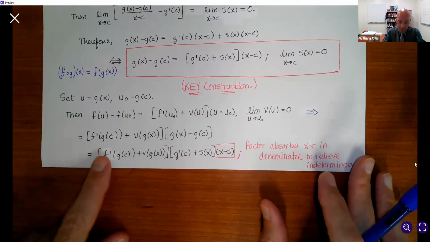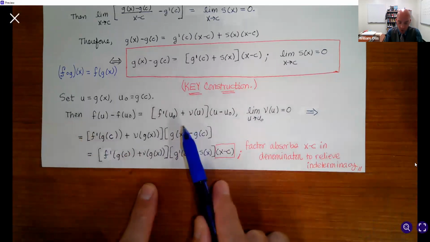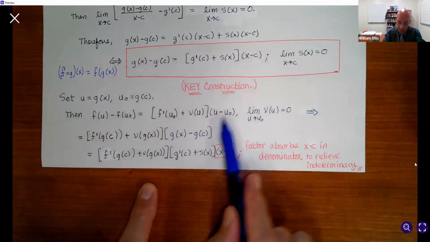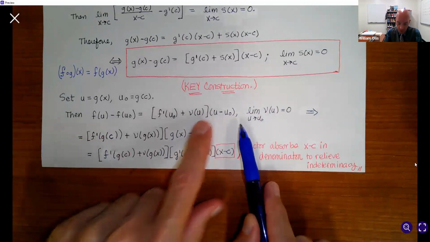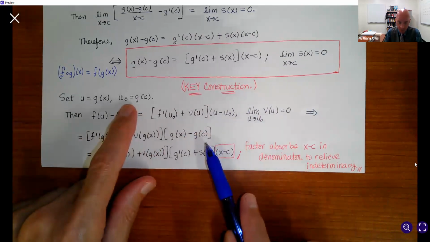But now, if we think about how we actually wrote the last construction, let's go in and replace everything. For u, we write g of x. For u sub 0, we write g of c, as we've defined here.